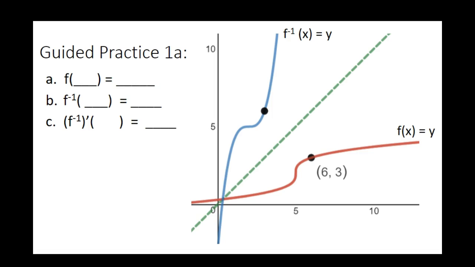All right, I'm gonna let you guys think about this one here. Okay, so my red line is f, it's down here. My blue line is f inverse, it's on the top. So don't shout out this time. I'm not gonna take hands this time. I'm gonna use my cards. I want you to think for a minute about what you're gonna put in part A, and then I'm gonna call on you.